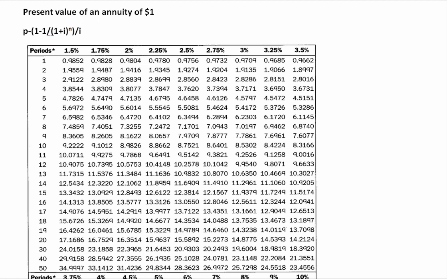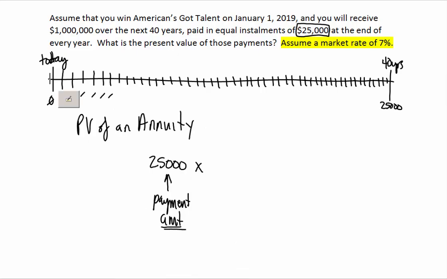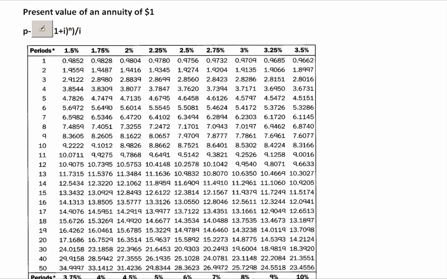Again, don't forget, I need two pieces of information, because without them it's useless. I need the number of periods, and we already know there's going to be 40 years of periods. And in the question, it says assume the market interest rate is 7%. So we're still dealing with the 7% here.